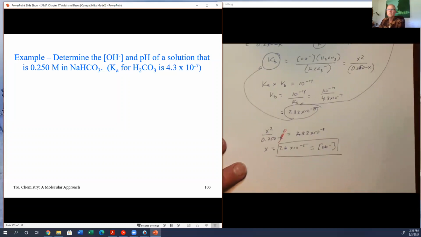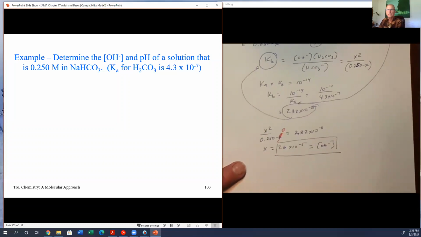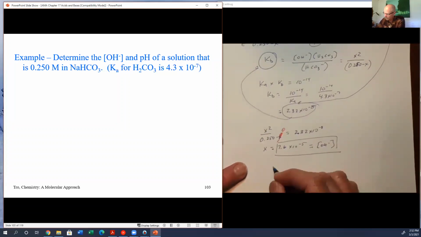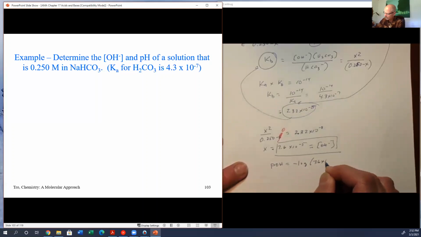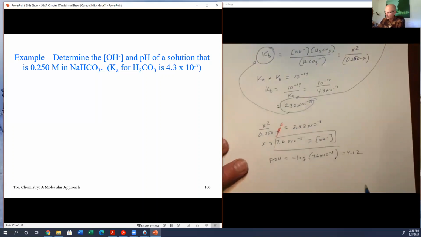The other thing it wanted was pH. There's a couple of ways you can do that. The easiest way is to find pOH. When you know OH minus, pOH is minus the log of 7.6 times 10 to the minus 5. So pOH is equal to 4.12. And then you know that pH plus pOH is equal to 14.